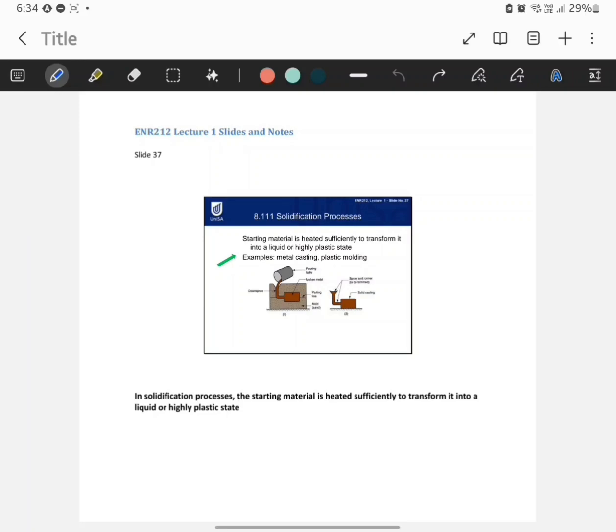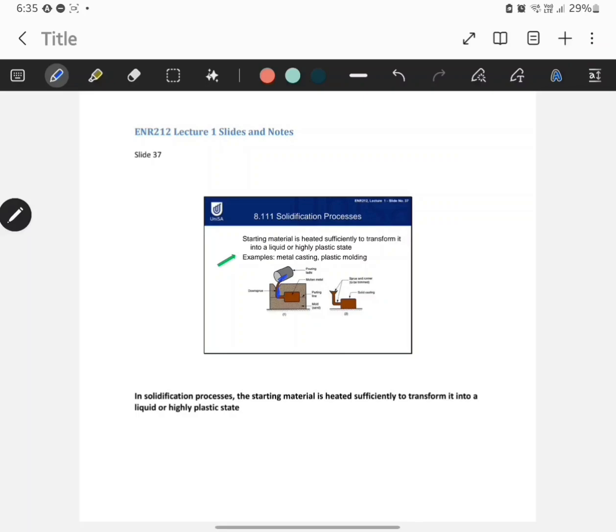In solidification, the material is heated until it becomes either fully liquid or very flexible, so we can pour or inject it into the mold. After we melt the metal, we inject it into the mold. As it cools, the material hardens into the shape of the mold.